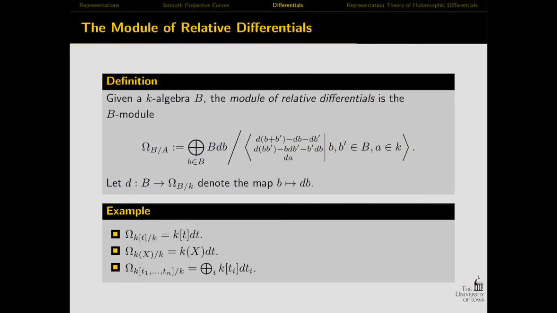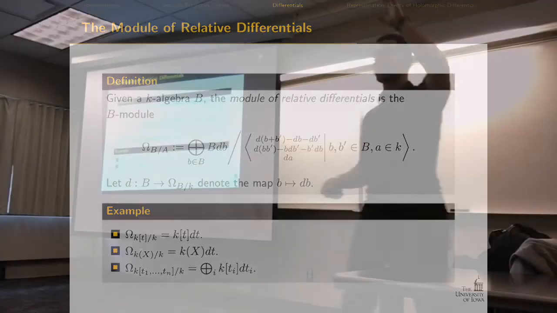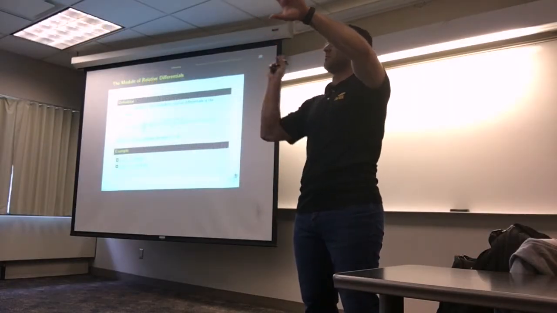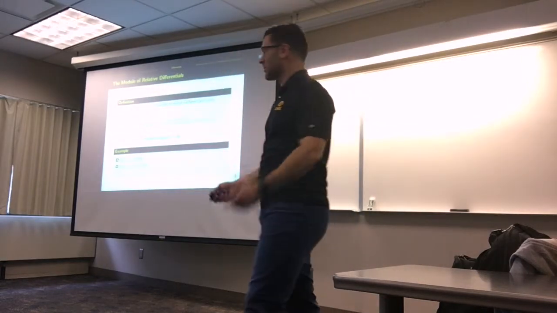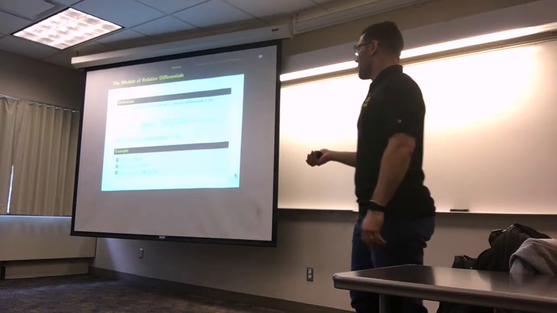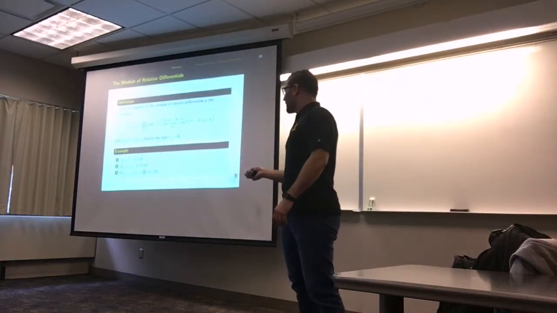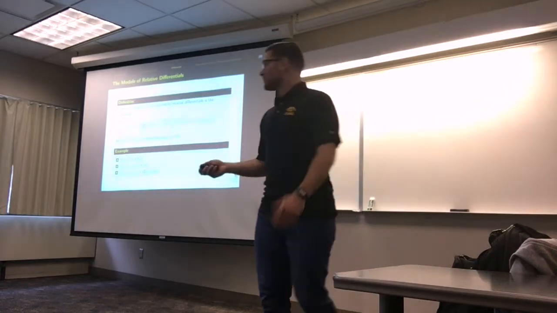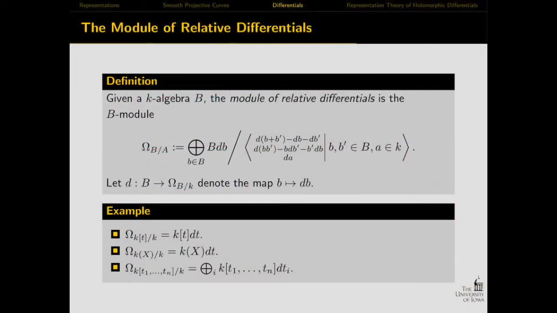And the example that we're going to come back to is the module of relative differentials for the function field of some curve X over k, that's a K-algebra. And it turns out that this has a similar form. It's just the function field times dt, so what does an element of this module look like? It looks like f over g times dt, where f and g are homogeneous of the same degree. It doesn't always work out this nicely, but if I take the polynomial ring in n variables, then I get this direct sum of things that look like this, K[t] dt.